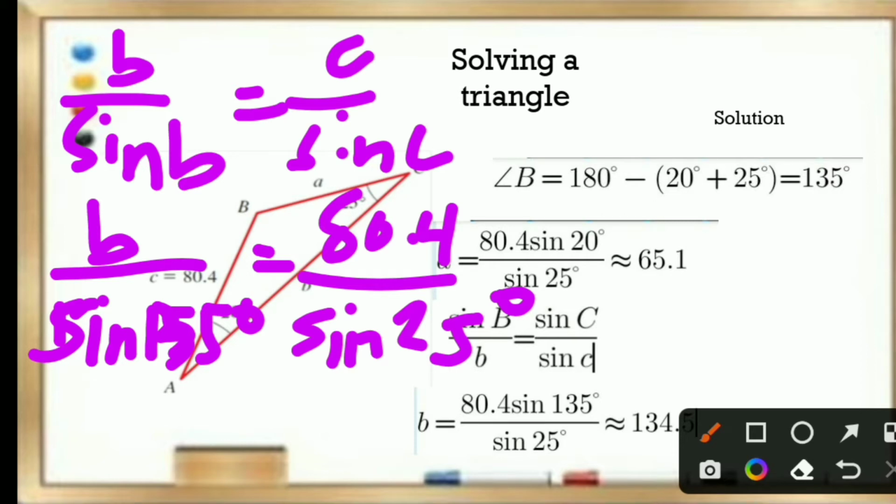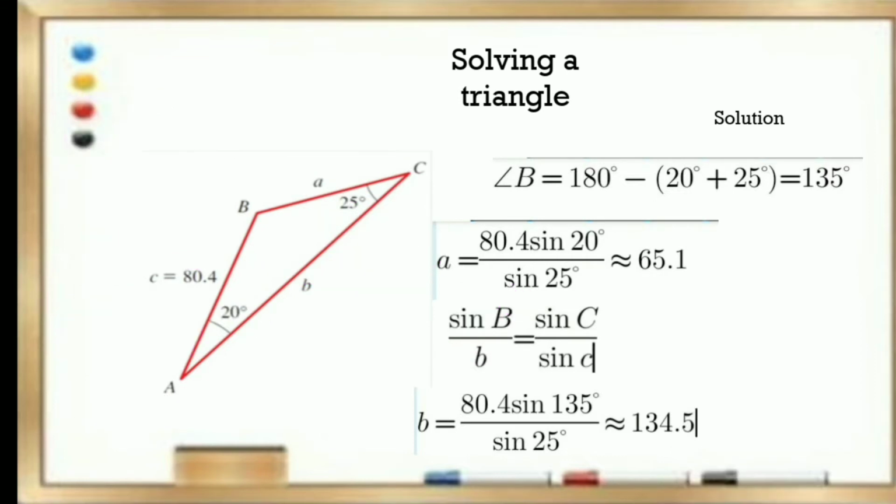So b equals 80.4 times sine 135 degrees over sine 25, which is approximately 134.5. So that is side b.